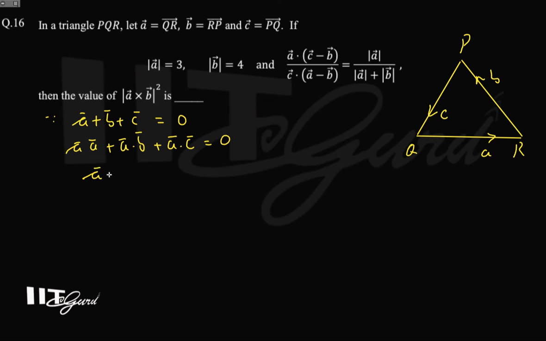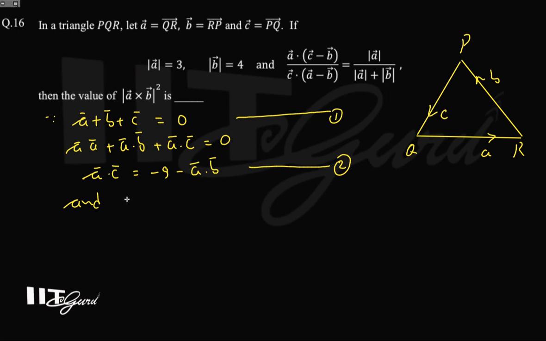But you know, A dot A is mod A square, here you will get 9, so A dot C will be minus 9, and then minus A dot B vector. Let's say this is equation number 1.